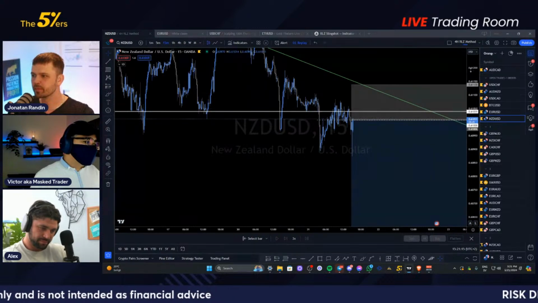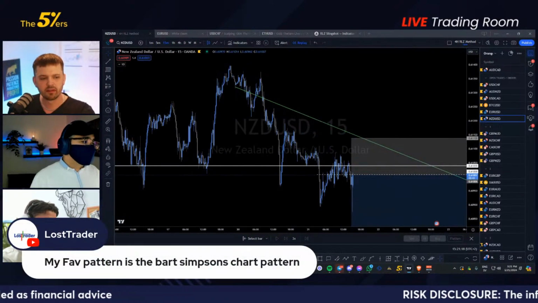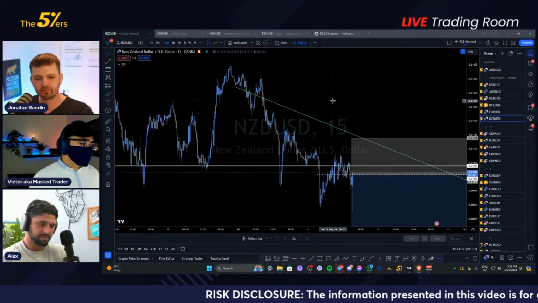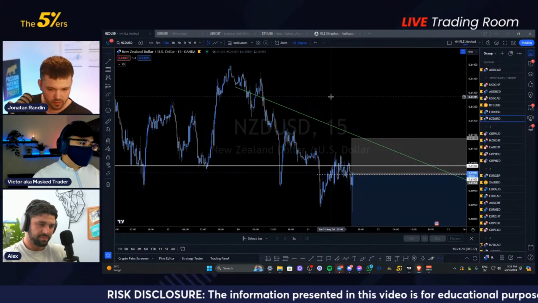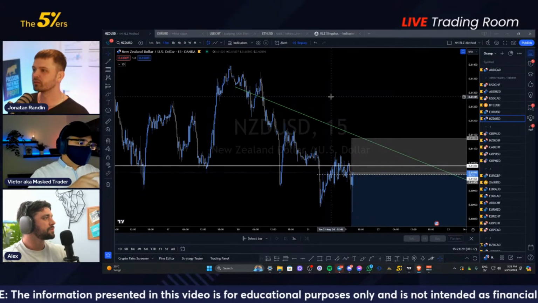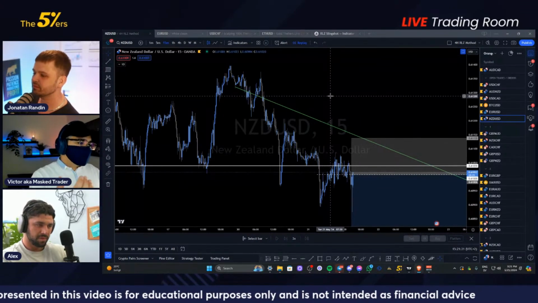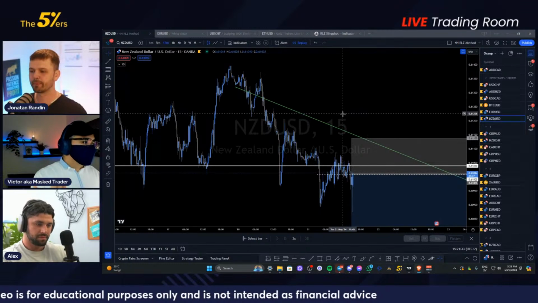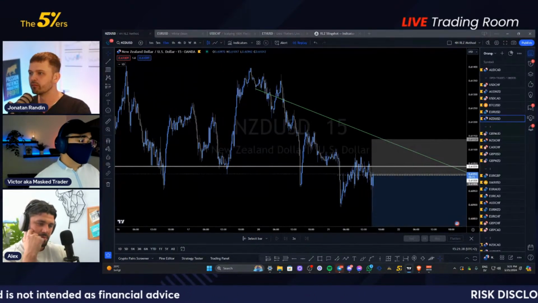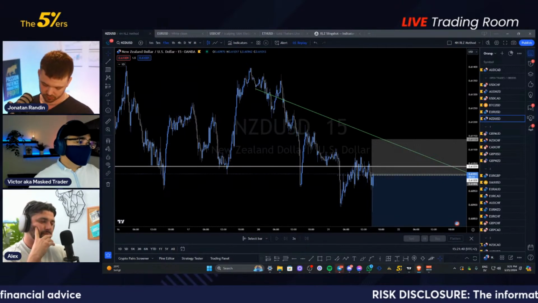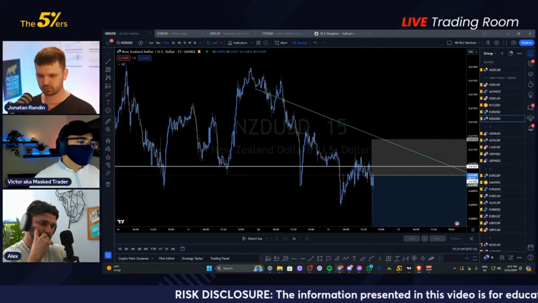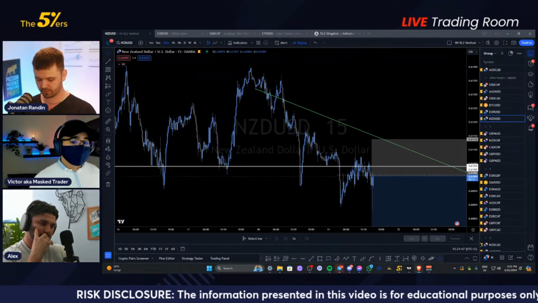However, I have found a lot of good trades with flags, bull flags, bear flags, because it's easy to identify, and as the flag is retracing, you're getting a good price for the continuation. I like that a lot, and I like wedges as well. I don't trade them in my trade plan, but I see them all the time, and sometimes when I'm discretionary, I do use them, and I know they're very profitable.